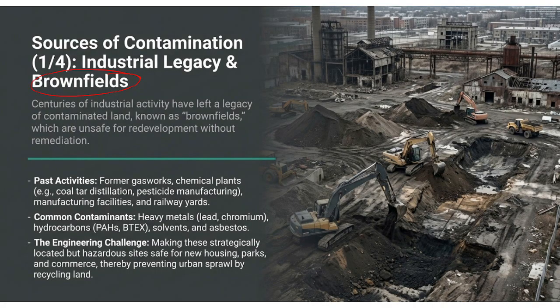They are making strategic changes at these hazardous sites so that they become safe for new housing, parks and commercial places. Okay, so this is how we can overcome the contamination.